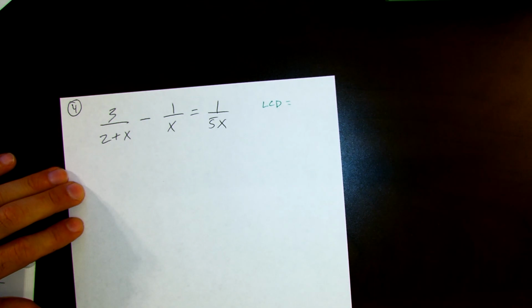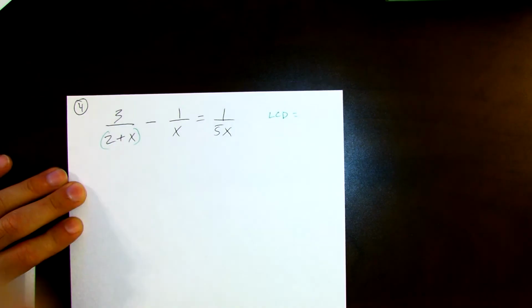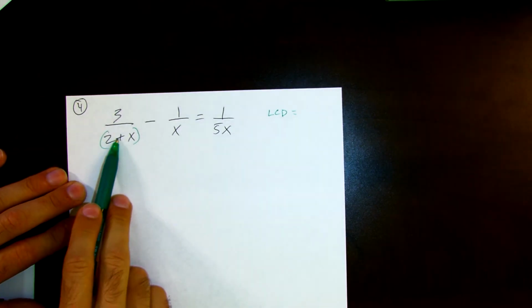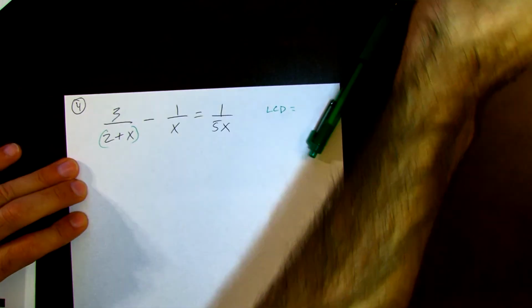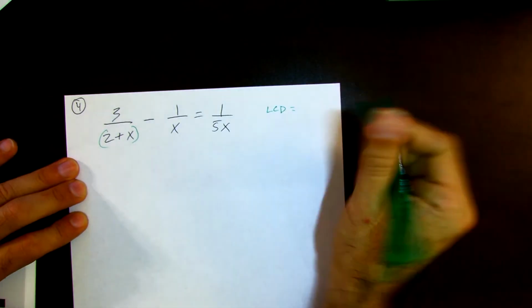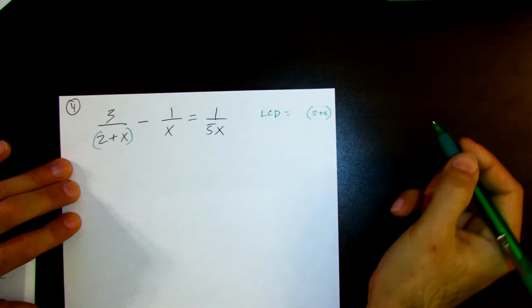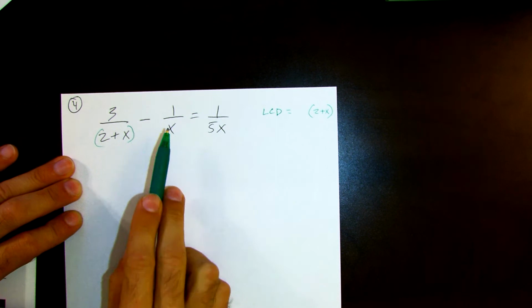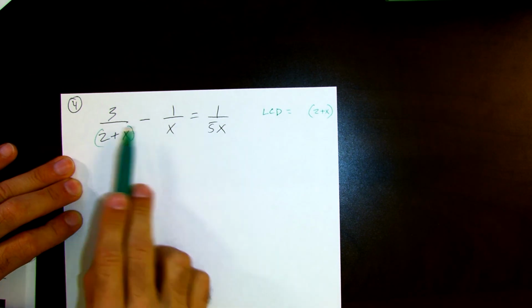We need some values that all of them will be able to multiply into. This is a quantity over here. So the LCD I know has to have that 2 plus x in it because we need the least common denominator to be able to include all of this, okay?